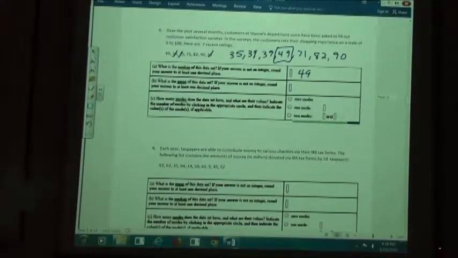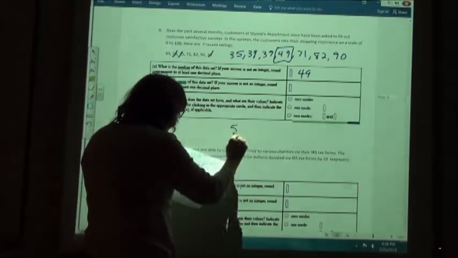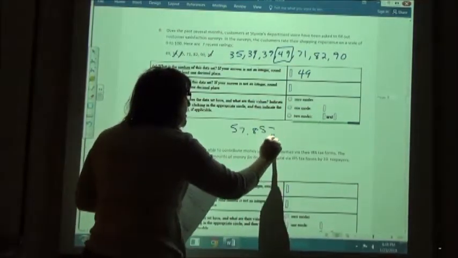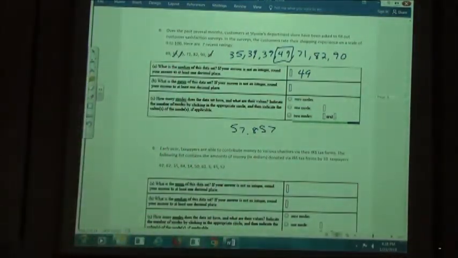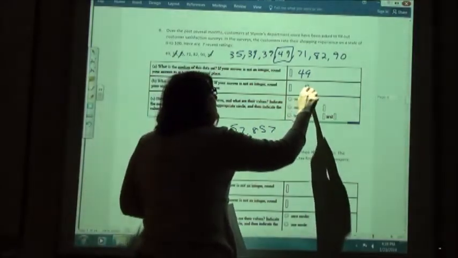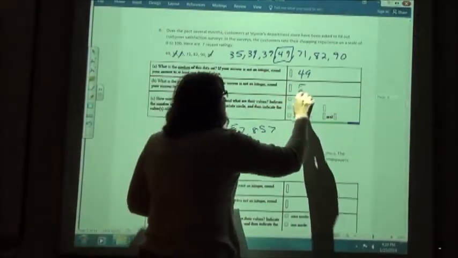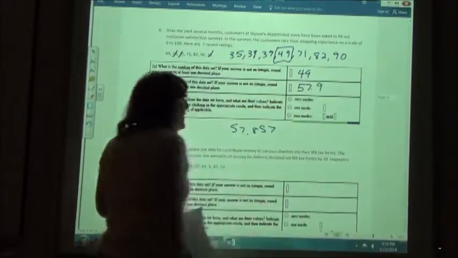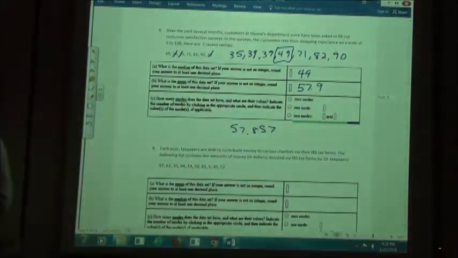That's the right number. You got 57.857 something or other, right? Okay, we want to round that off to at least 1 decimal place, so what would be a possible answer? 57.9. 57.9, exactly. 57.9 would be a good answer.